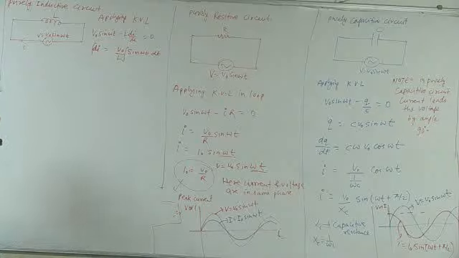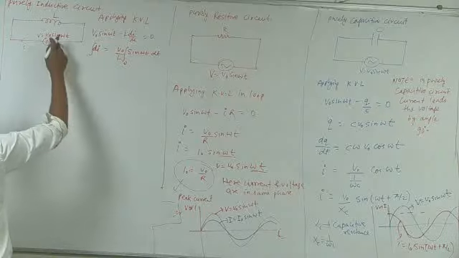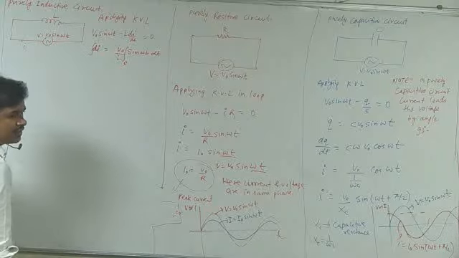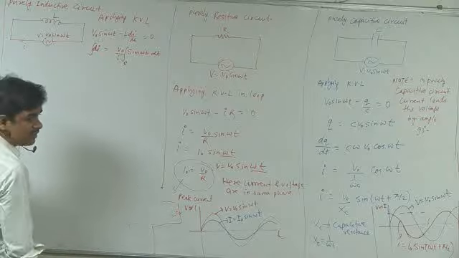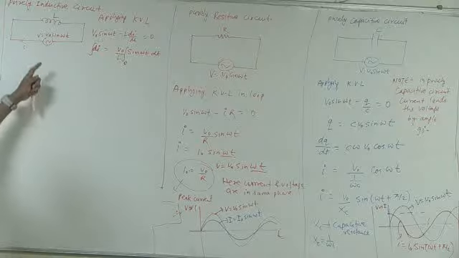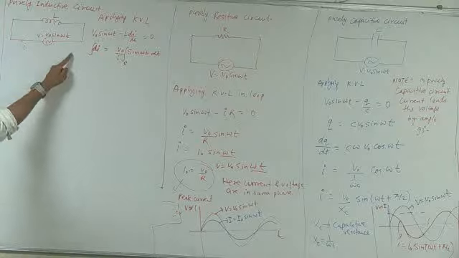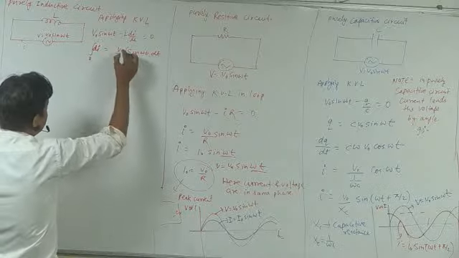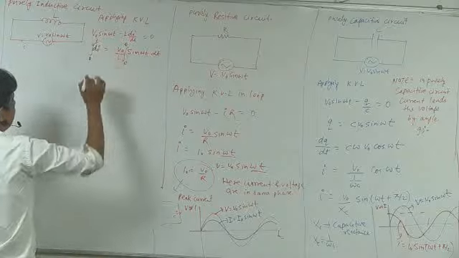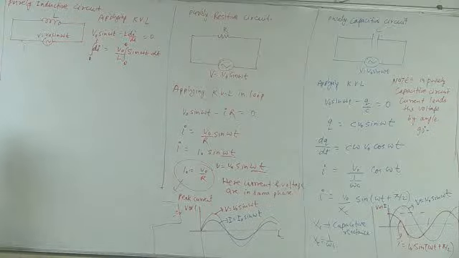Now at t equals 0, what is the current flowing in the circuit? At t equals 0 there is no EMF, so current should be how much? 0. Okay. And at t equals t, current is I. If you integrate it, what are you going to get?